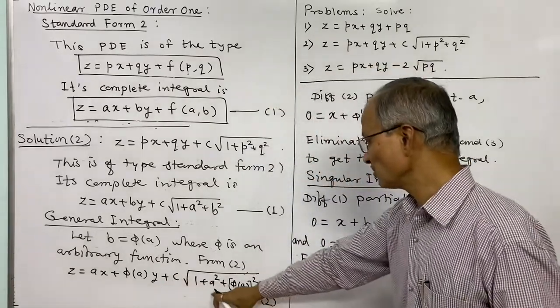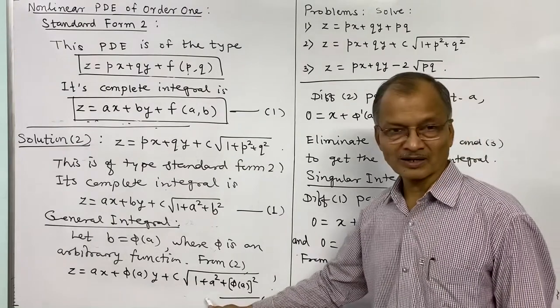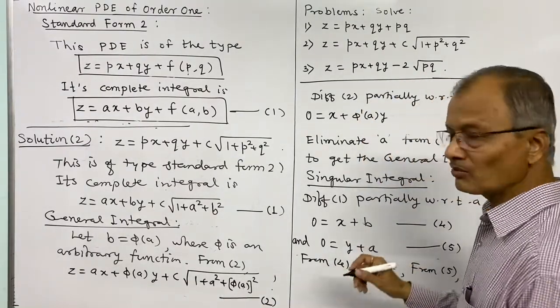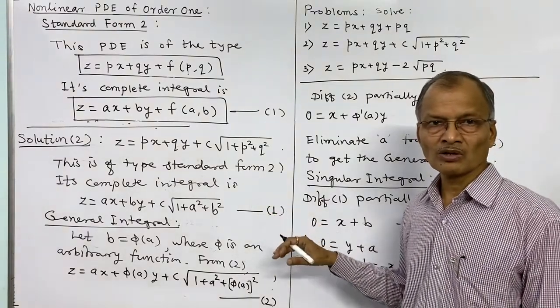And here the partial derivative with respect to a is to be written. This is entirely a function of a. And for a root function, the derivative of root x is 1 over 2 into root x.